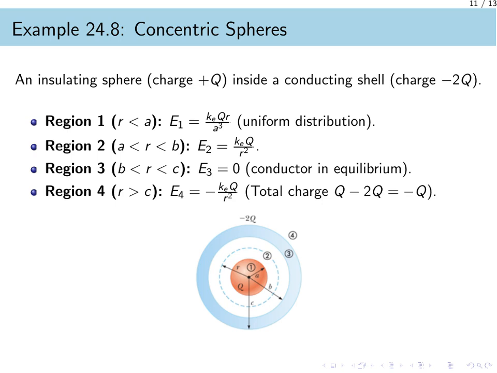In region 3, inside the material of the conducting shell itself, the conductor is in equilibrium, so E3 must be exactly 0. Finally, in region 4, outside the entire setup, the total enclosed charge is Q minus 2Q, leaving a net charge of -Q. Therefore, E4 equals -Ke times Q divided by r squared.